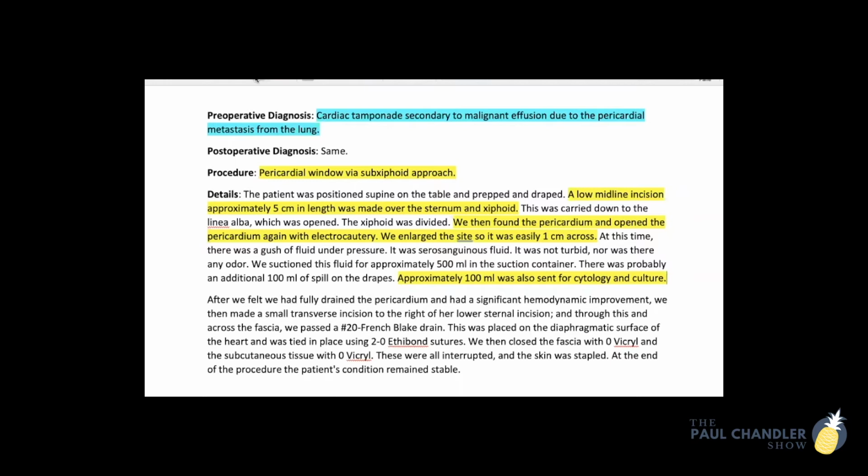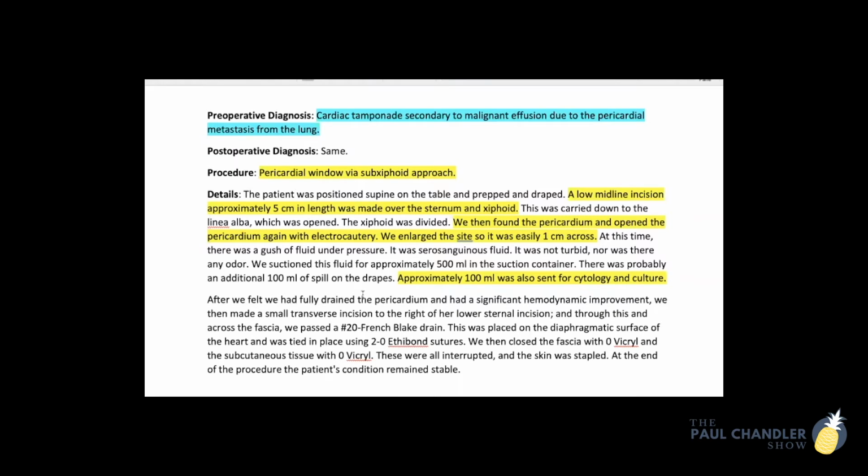After we felt we had fully drained the pericardium and had a significant hemodynamic improvement, we then made a small transverse incision to the right of her lower sternal incision. Through this and across the fascia, we passed a number 20 French Blake drain.